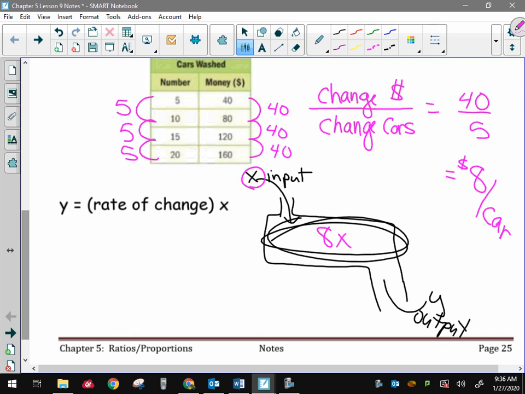So this has to be 8 times my input, 8x. Y is our output. X is my input. I can put any number here, do this function, 8x, and it will tell me my output.